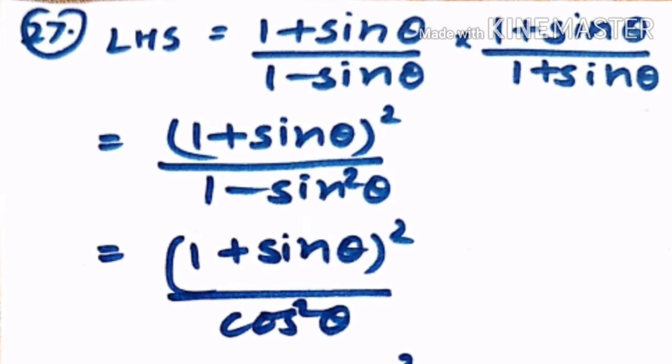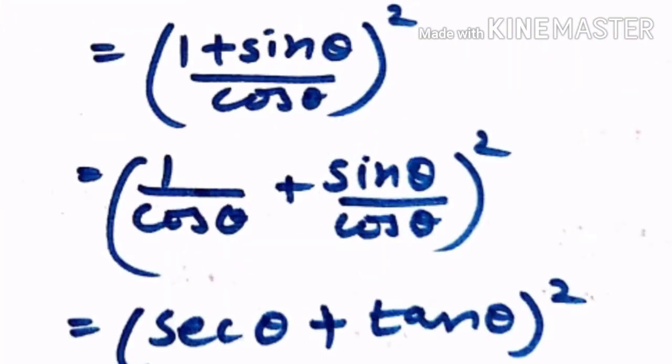Now you see the numerator also has a square and the denominator also has a square, so instead of writing them separately, we write the whole square as one bracket. You check, (1 plus sin theta upon cos theta) whole square. Then I have taken separate ratios, that is (1 upon cos theta plus sin theta upon cos theta) whole square.